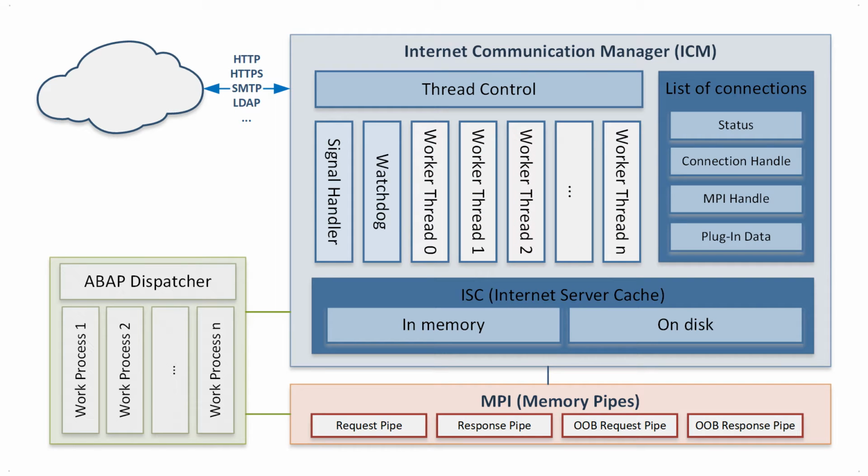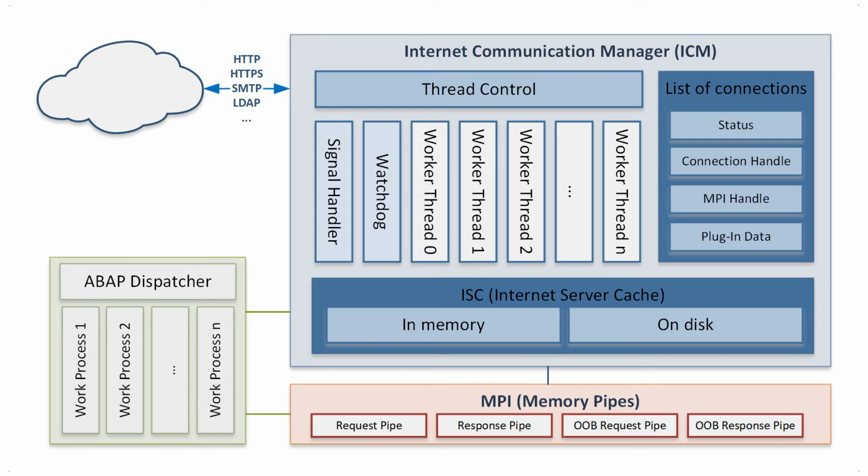Although here we have a separate watchdog to keep an eye on workers and a signal handler to process operating system signals. In addition, there is also a table with a list of connections, because not all of them have to be assigned to a worker. It is a bit like a dispatcher queue. Besides, we have Internet Server Cache for speeding up repetitive HTTP requests.